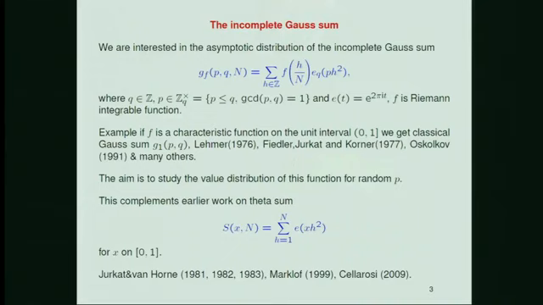For the incomplete Gauss sum, we have this formula. Now we are interested in the asymptotic distribution of this formula here. So we are summing over h in the integers of f of h over n.